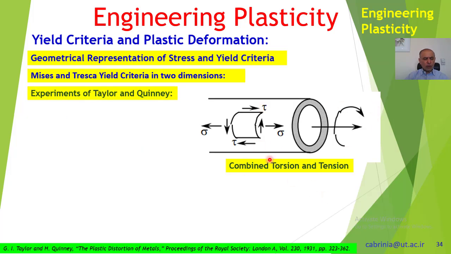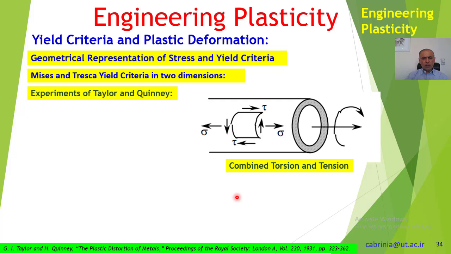Right, now we want to know if we could prove these criteria, because we used mathematical equations as we set some conditions, like isotropic material, the Bauschinger effect is omitted, and the hydrostatic component of stress does not have any influence on the yield criteria.